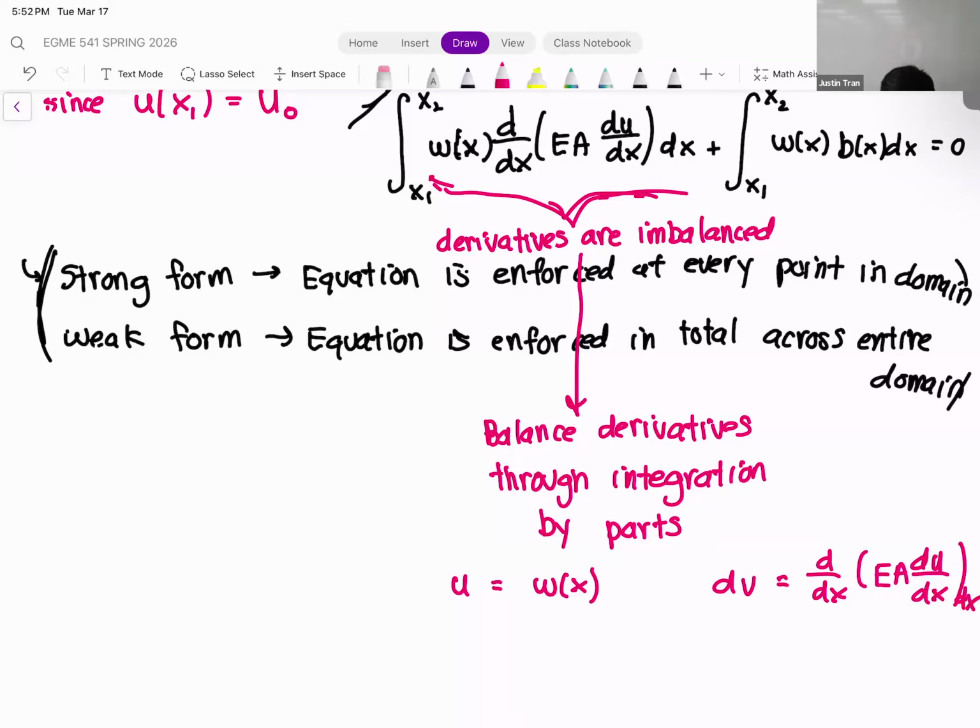For the u part, we take its derivative, so du is equal to dw dx. For the v part, we take the antiderivative, which cancels out one of the derivatives, and we end up with EA du dx.